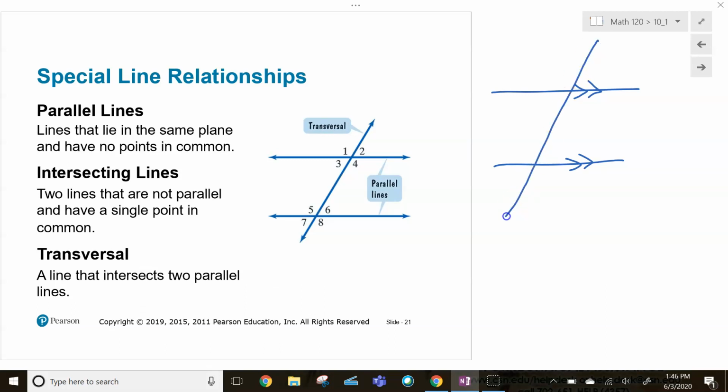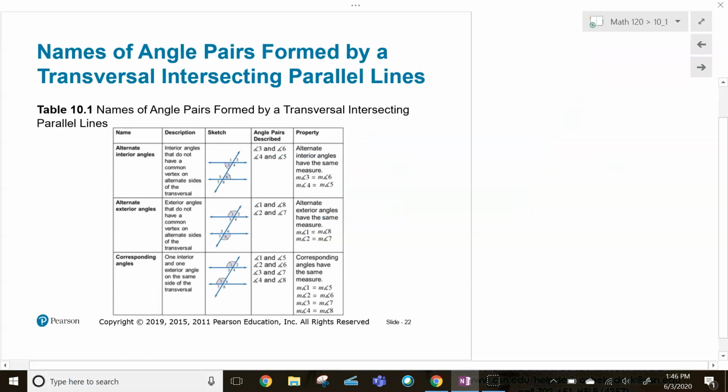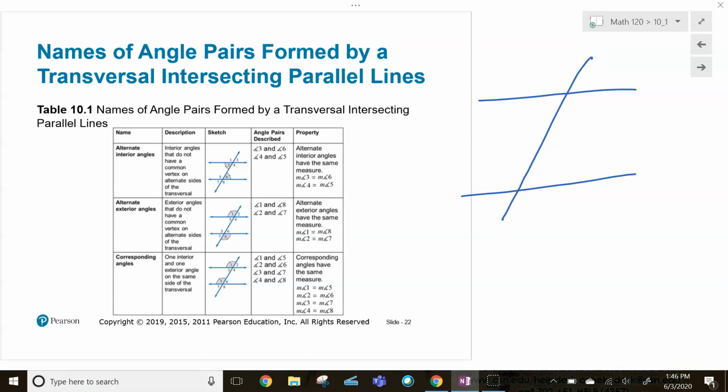This is your transversal that just cuts through those, referred to as a transversal line. If you have two parallel lines and a transversal, alternate interior angles are going to be equal. So this one and this one will be equal.